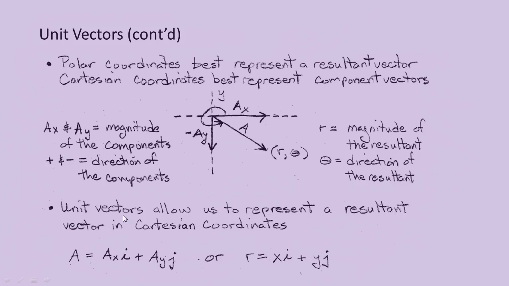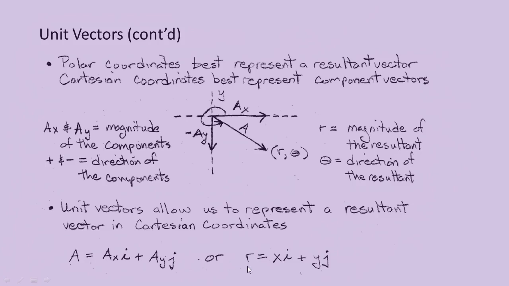The power or utility in unit vector notation is that it allows us to represent a resultant vector in Cartesian coordinates instead of polar coordinates. In unit notation, vector A is equal to a sub x, which is the magnitude of the x component, times the unit vector i, remember that's the unit vector that lies in the positive x-axis, plus a sub y, which is the magnitude of the y component, multiplied by the unit vector j, and that's the unit vector that lies in the positive y direction.